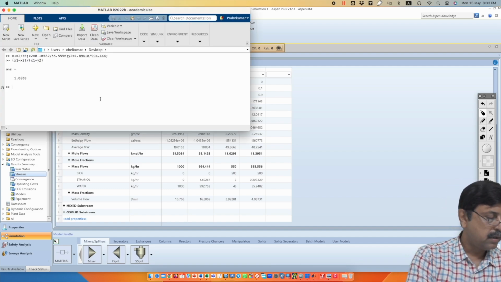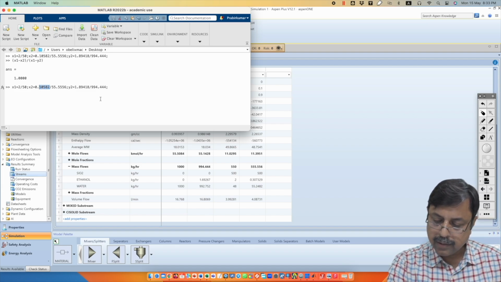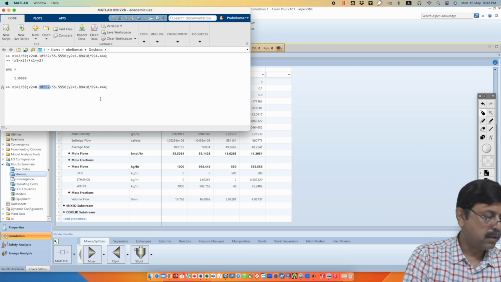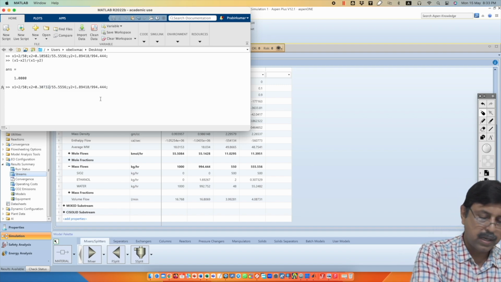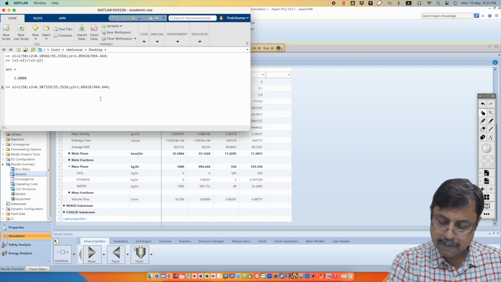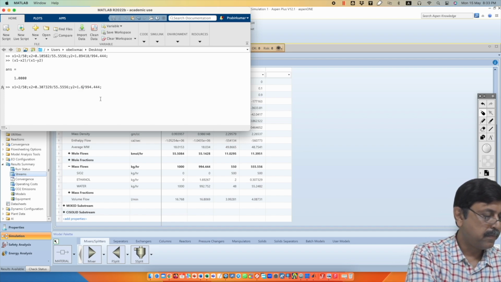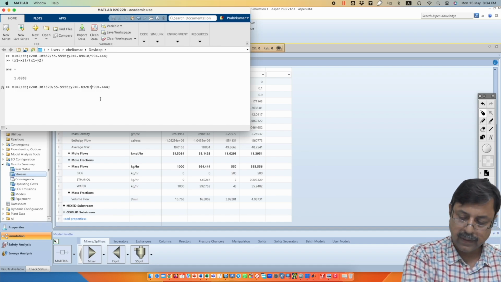So here in this case it will be 0.307329, and Y2 will be 1.69267.